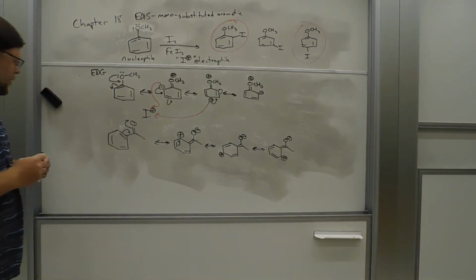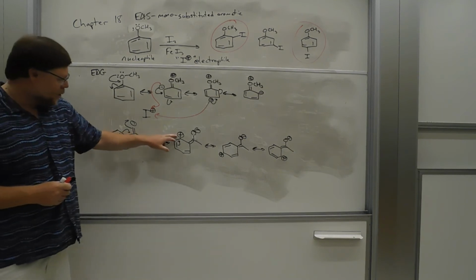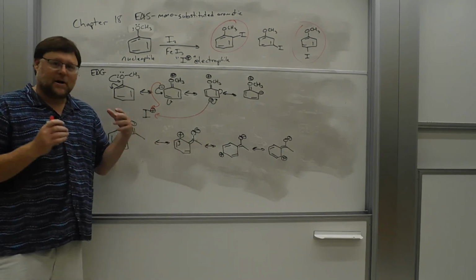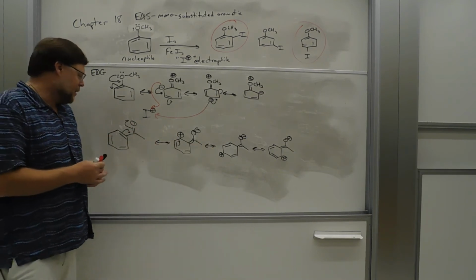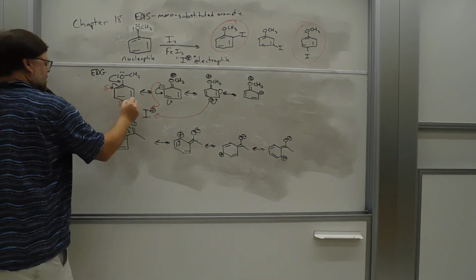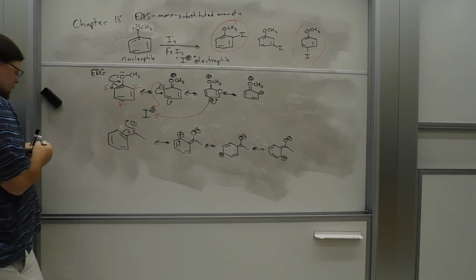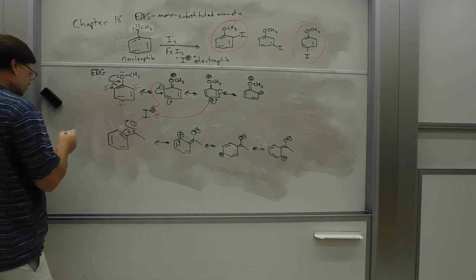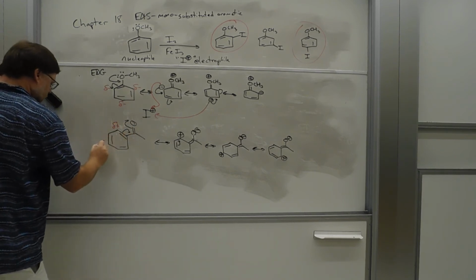So with that electron withdrawing group on there, now the ortho and para positions are electron poor. They have a carbocation there. So with a donor, partial minus ortho and para. With an electron withdrawing group, partial plus ortho and para.